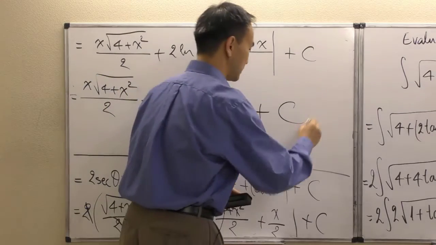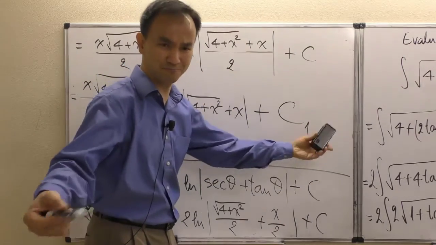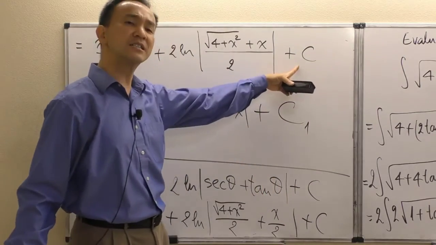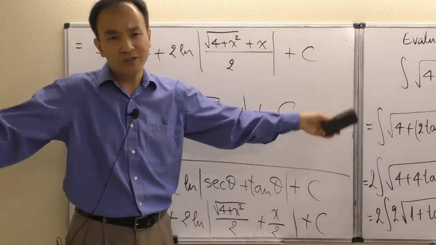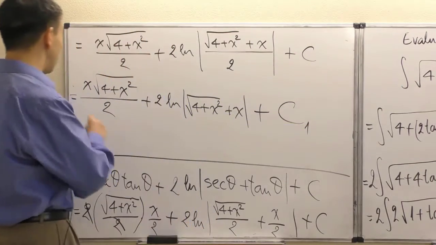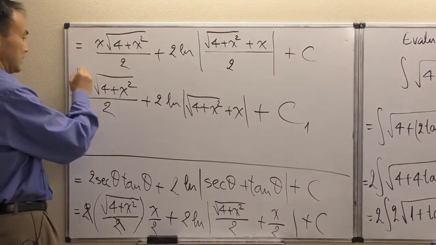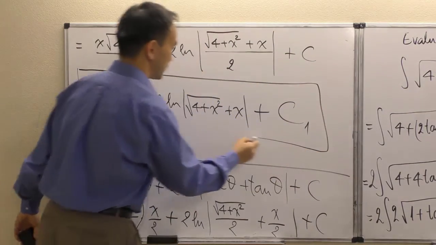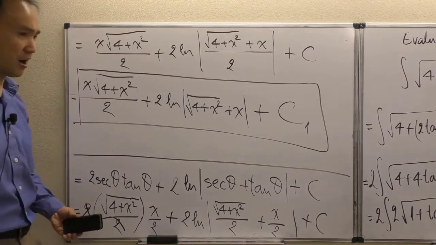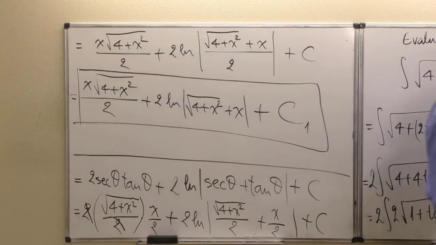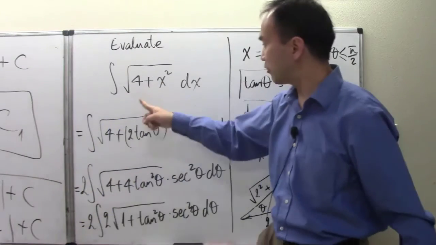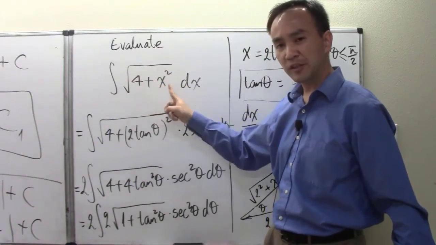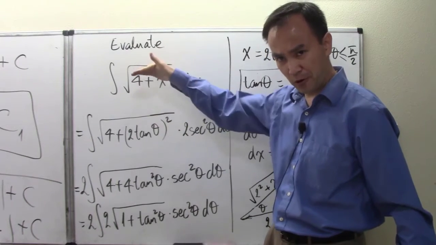Maybe let's call it c1, to make it different from the other c right here. But in the end, they are just constant terms. So this is our final answer. This is the antiderivative, or the indefinite integral, for our starting problem. Our starting problem was the integral of square root of 4 plus x squared. It's a simple problem.